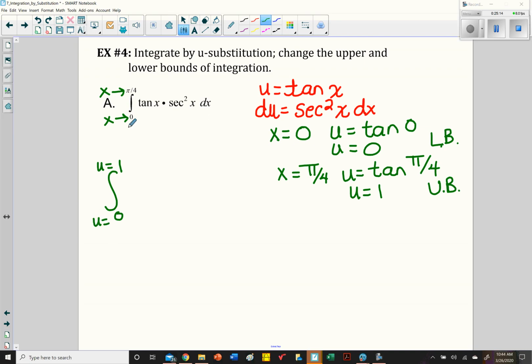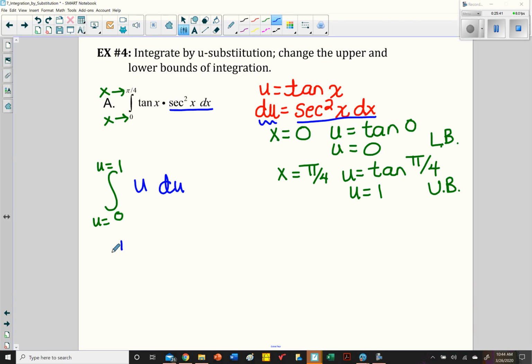This was for x. So our antiderivative is going to be u times du, since we already had secant squared dx. That's our du. Okay, we're going to leave everything in terms of u. Never go back to tangent or secant, 0 or pi over 4. We're going to use this new upper bound and new lower bound.